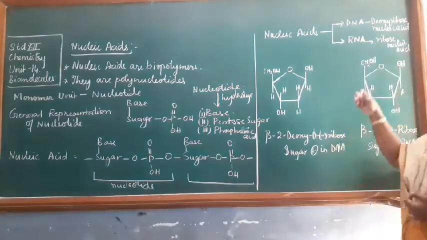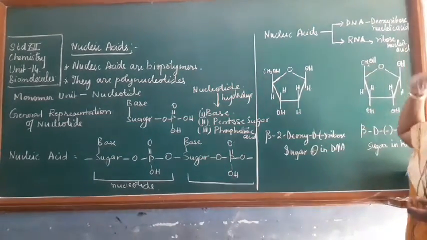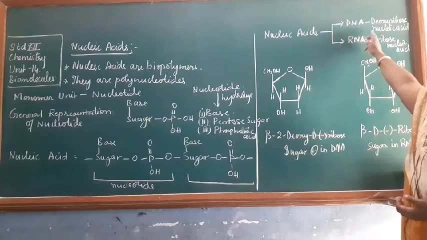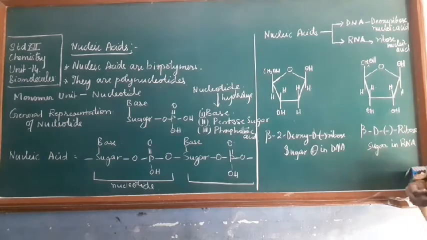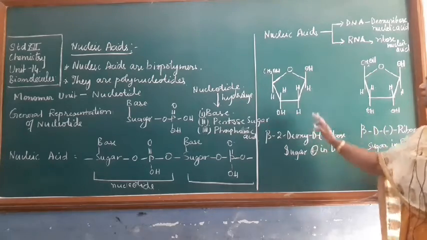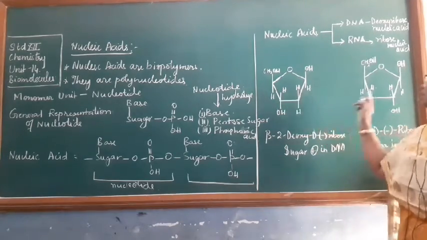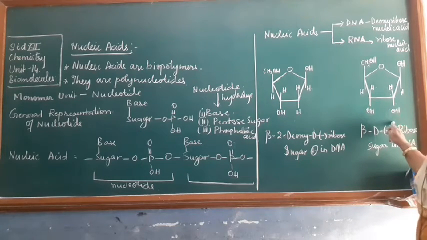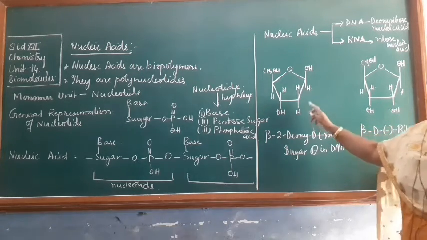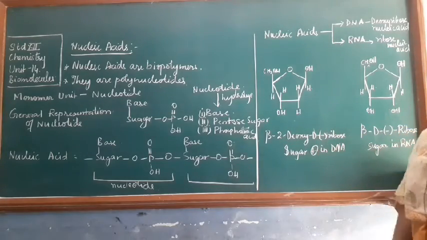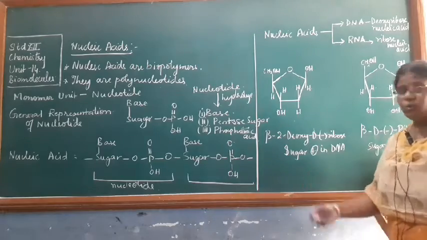Even RNA exists in our body, but DNA is the one which carries the hereditary material. The variation between them is only that in the pentose sugar at the second carbon there is a change. There is an OH group present in the ribose sugar, while there is no OH present at the second carbon in the deoxyribose sugar. Got it? So you can note this down first.